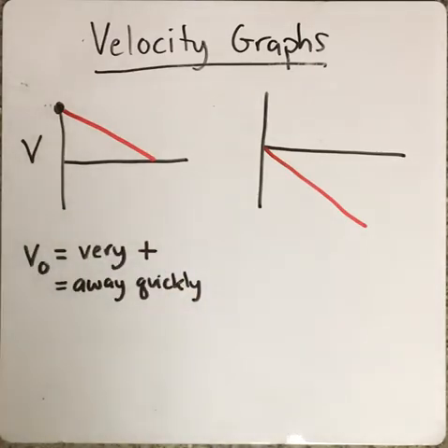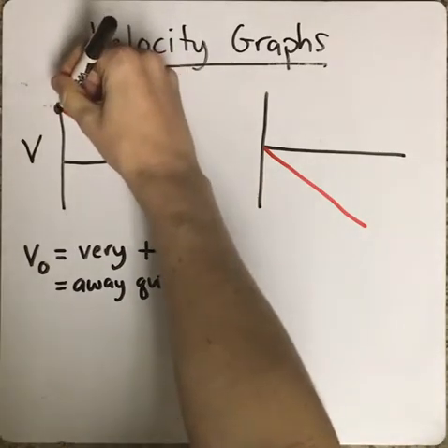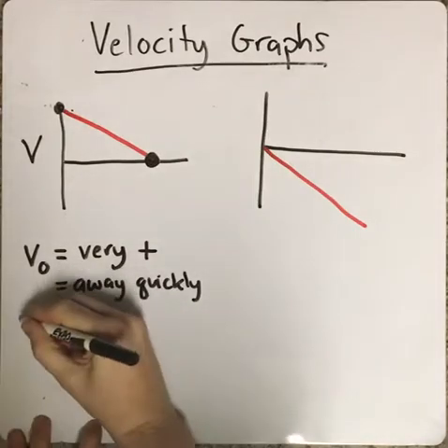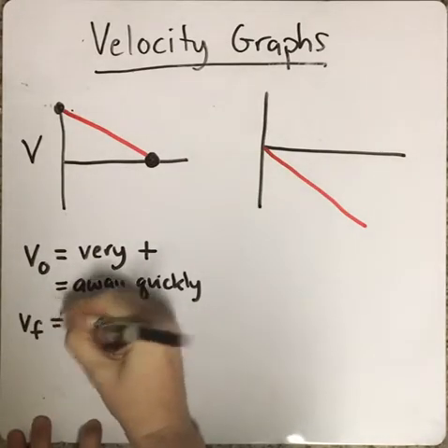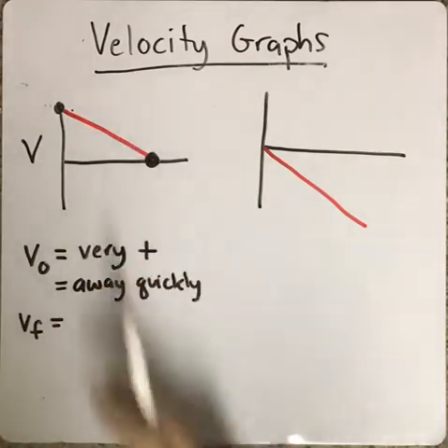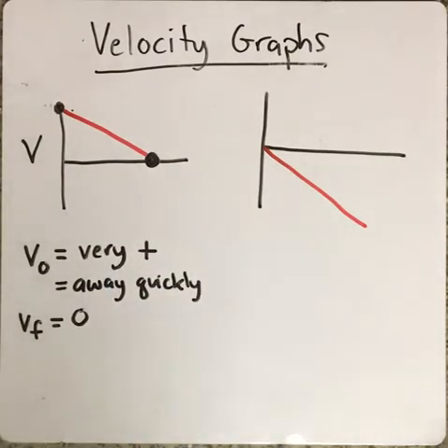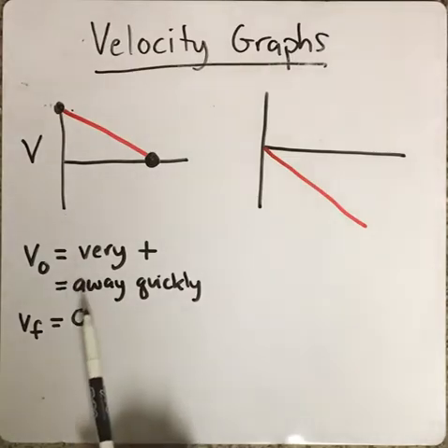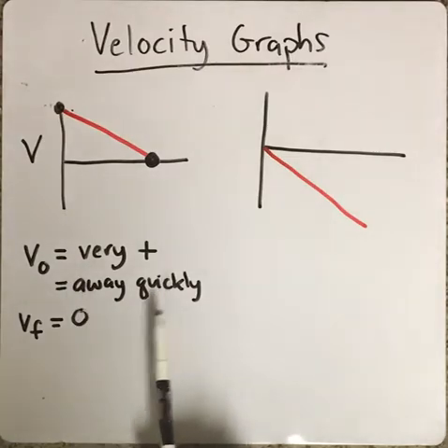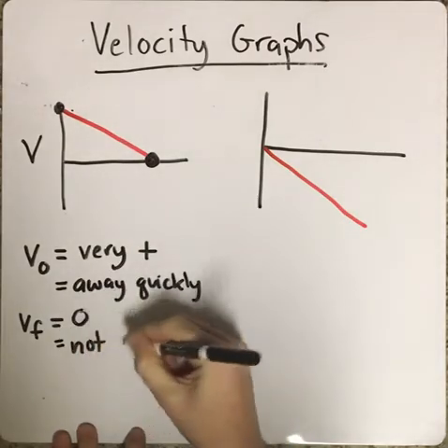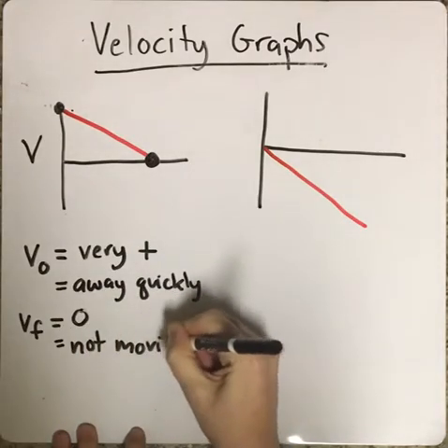But notice, as this graph continues, I'm going to go to the end of the graph, and I'm going to say VF, that's the final velocity, and it's on the zero bar. Okay, the final velocity is zero. So I was moving away quickly, but by the end of the story, zero means that I'm not moving.